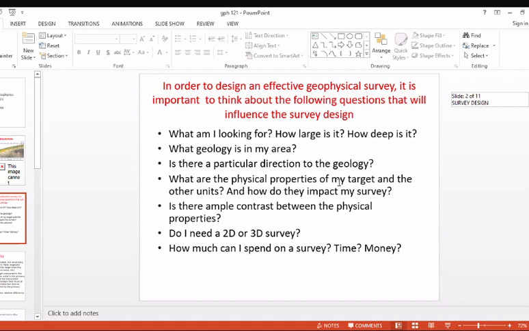Density is a parameter. Velocity is one of the physical parameters. Permittivity is one. What are the physical parameters of my target? What am I actually interested in?